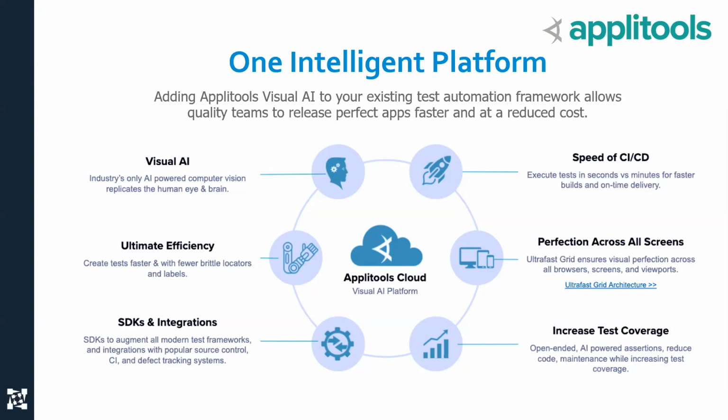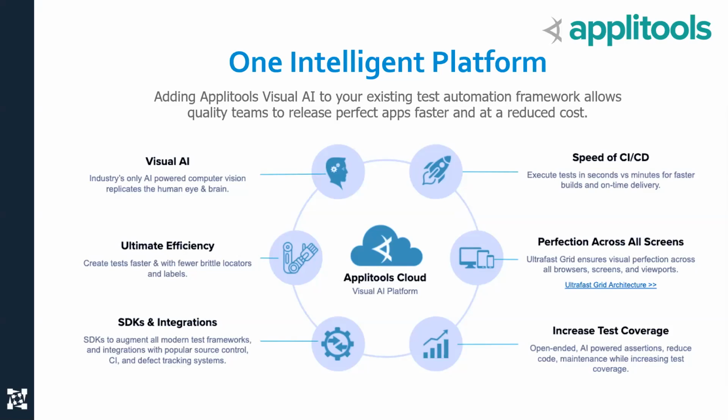Now, naturally, you still need locators to drive the browser, right? But when you combine that with the power of Parasoft, Parasoft self-healing in Selenic, that will help that tremendously. So you're essentially stamping out all brittle locators when you combine these two solutions. From an SDK perspective, we have native integration with Parasoft Selenic, but we also have SDKs that support all modern test frameworks.